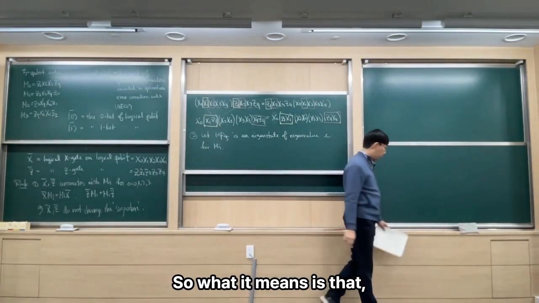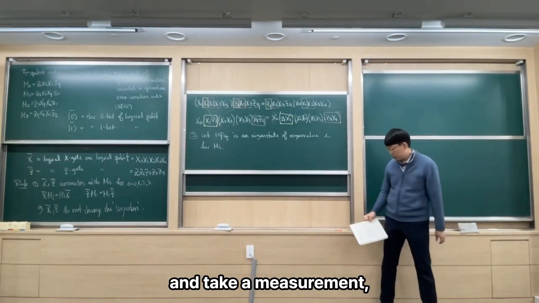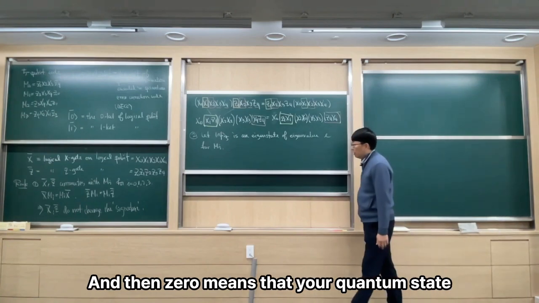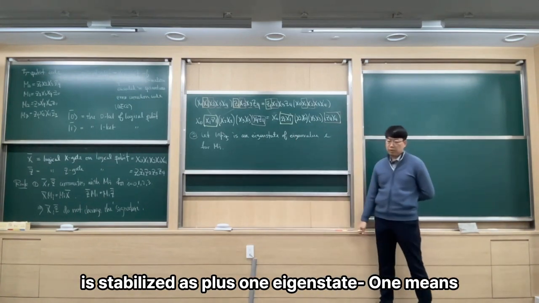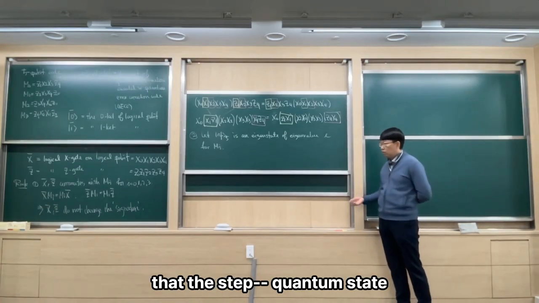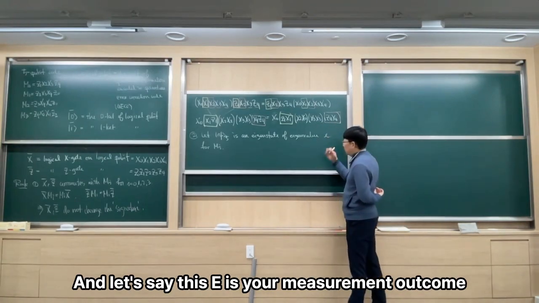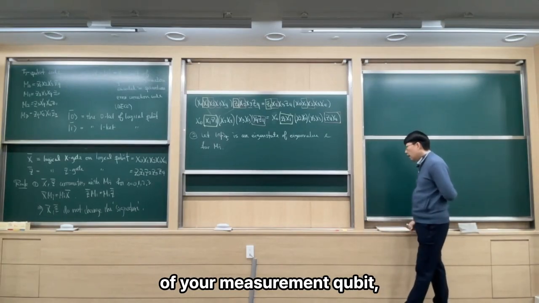So what it means is that whenever you take a measurement on a measurement qubit, you get 0 or 1 as a syndrome measurement. 0 means that your quantum state is stabilized as a +1 eigenstate. 1 means that the quantum state is stabilized as a -1 eigenstate. And let's say this E is the measurement outcome of your measurement qubit.